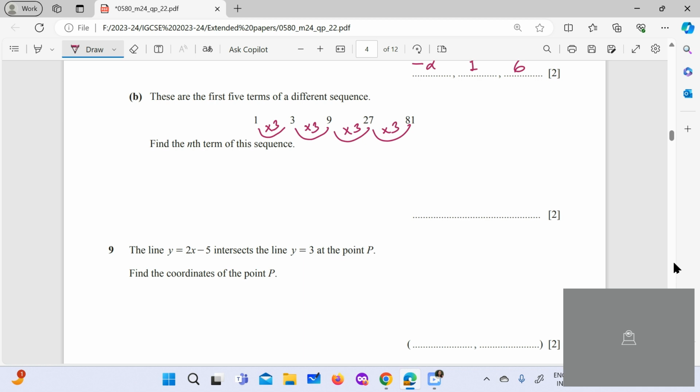So for a geometric sequence, the nth term is a r to the power of n minus 1, where a stands for the first term. So a is 1 and r stands for the ratio, that is 3, to the power of n minus 1. So obviously we will get 3 to the power of n minus 1. So this is your nth term, 3 to the power of n minus 1.